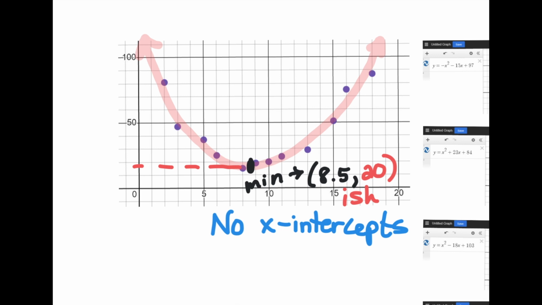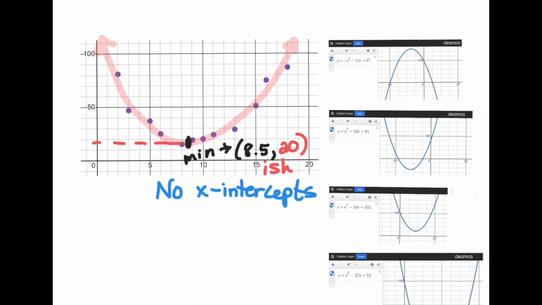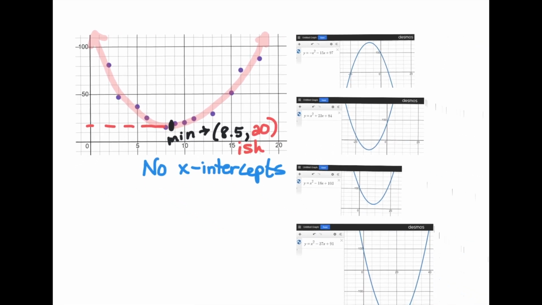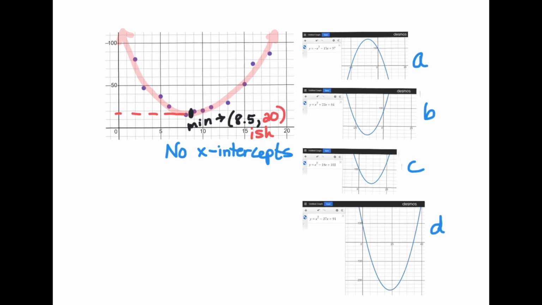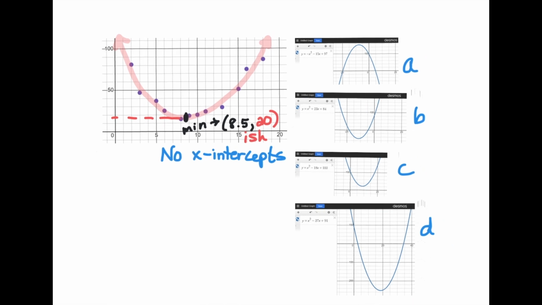Then what I'm going to do is take each of the graphs that I'm given in my multiple choices, A, B, C, and D, and type each of them in one at a time and use process of elimination to choose which of those graphs would match the regression. The first thing I see in letter A is that it opens down, and the regression graph we're given opens up.